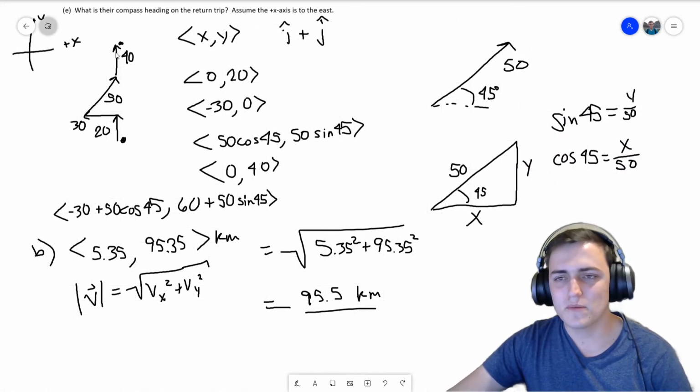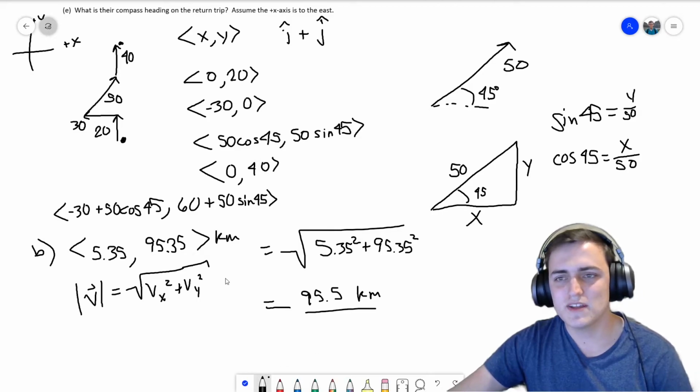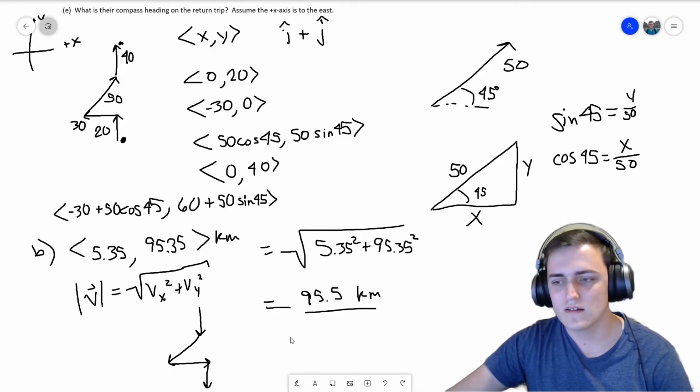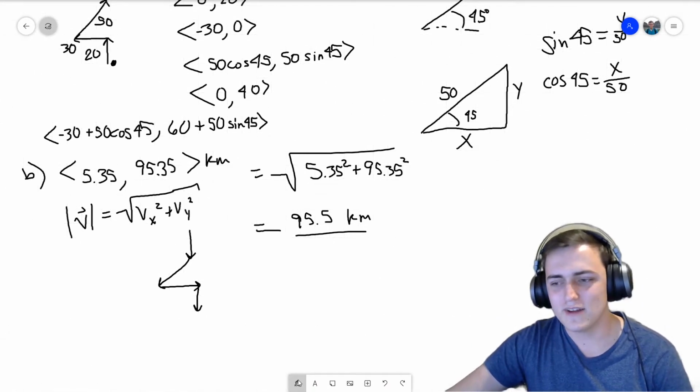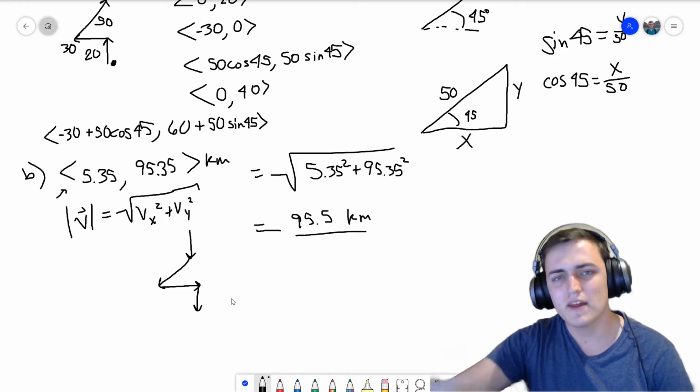Well, we can look at our drawing before, and if they're going to take the same exact path of those four vectors, they're just taking them in reverse order. That just means negative 40 and negative 50 and negative 30 and negative 20. So rather than having to calculate that all again, we can just take the negative of our result on the trip there.